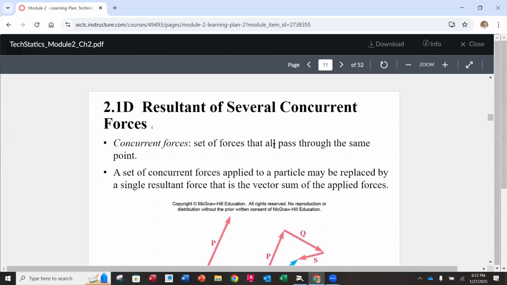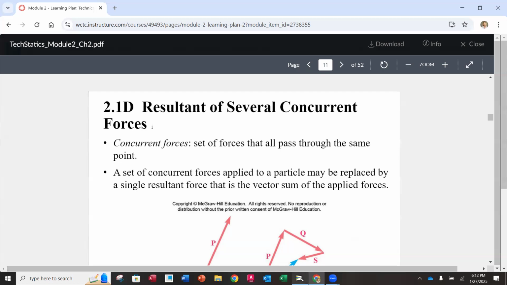Okay. The next section here is looking at resultant of several concurrent forces. So let's talk about concurrent first. This is the first time we're coming up with this term. So a concurrent force system just means that all the forces share a common point, whether that is extending to a common point or the point of application is there, that they all are the same.